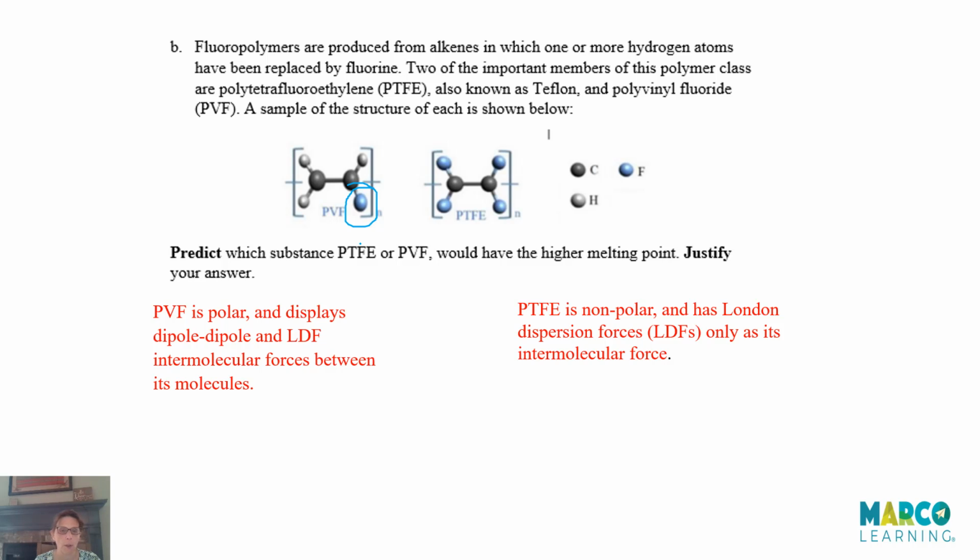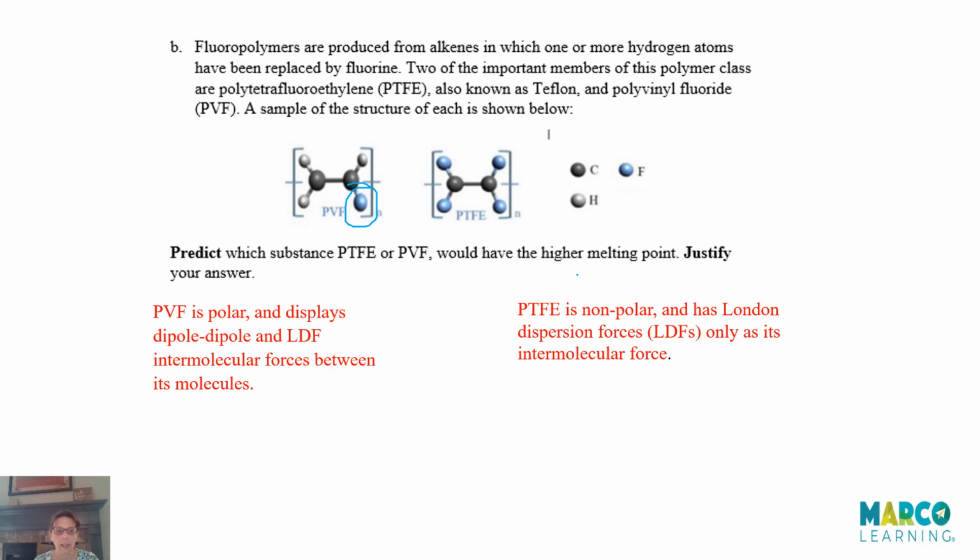Because that's a polar molecule, it's going to have dipole-dipole forces of attraction as well as LDFs as its intermolecular forces between one molecule and another. On the other hand, PTFE, that's nonpolar because all 4 of the hydrogens have been replaced. And because it's nonpolar, it has London dispersion forces only as its intermolecular force.